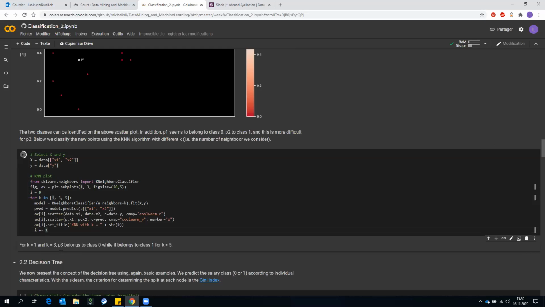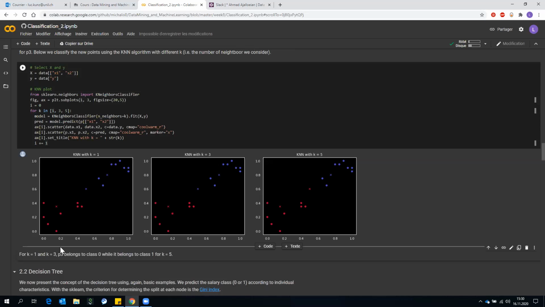And this gives us something like this. And we can see, for instance, with k equal 1, so if we take only one neighbor, the nearest one, this classifies P3 in the blue class, because this one is nearer than this one. If we have k equal to 3, we also have P3 in the blue class. Of course, the other points are always in their respective class because they are very close to the points of the class they belong to.